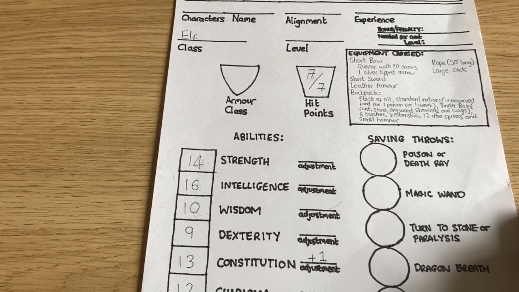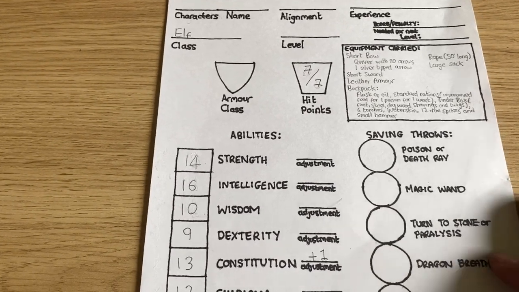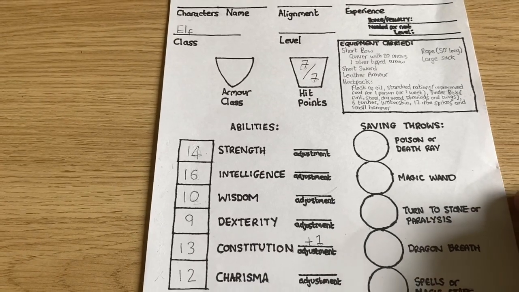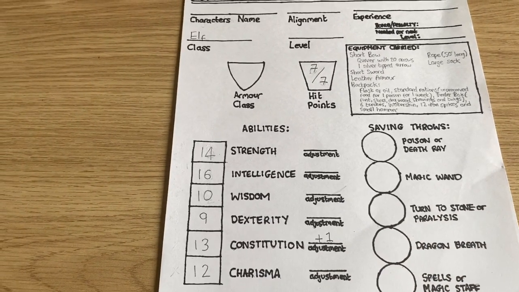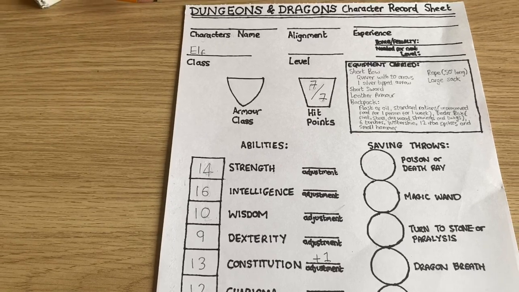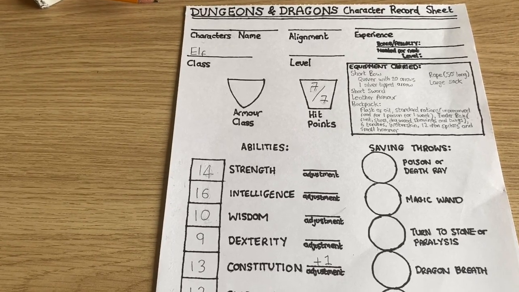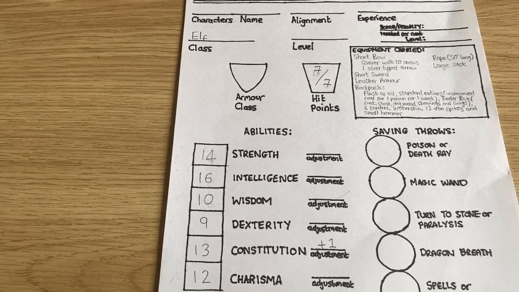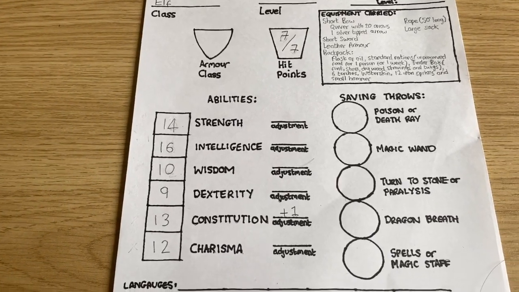So it'll help you choose equipment and make sure you're not choosing equipment that you can't actually use. So as I said before, the player's manual PDF available from the Dungeon Masters Guild is going to be linked in the description of this video.